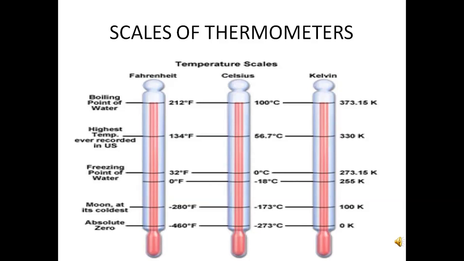And also freezing point of water in Fahrenheit scale is 32 degree Fahrenheit, in Celsius scale 0 degree Celsius, and in Kelvin scale 273.15 Kelvin. So moon at its coldest, in Fahrenheit scale minus 280 Fahrenheit, in Celsius scale minus 173 degrees Celsius, in Kelvin scale 100 Kelvin.